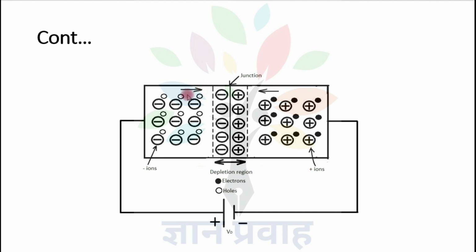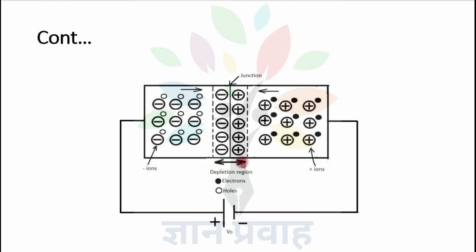It means holes are moving from P side material to N side material because this is the negative charge region and this one is the positive charge region, and electrons are moving from the negative charge region to the positive charge region. It means the depletion region width decreases because the recombination process is increasing here.